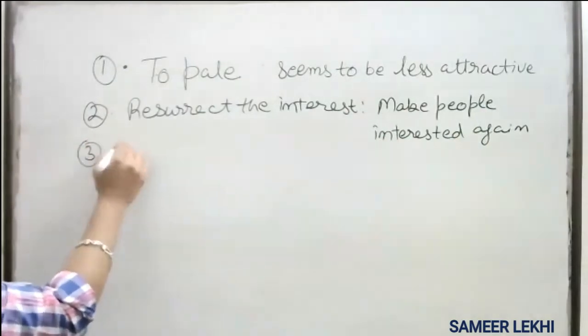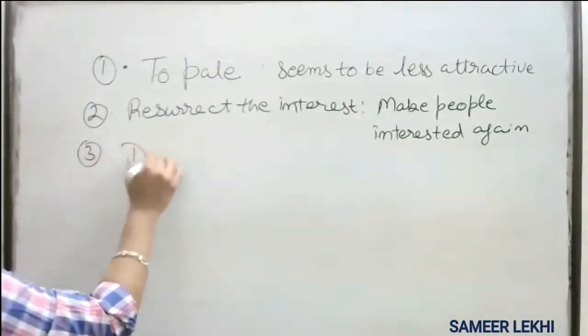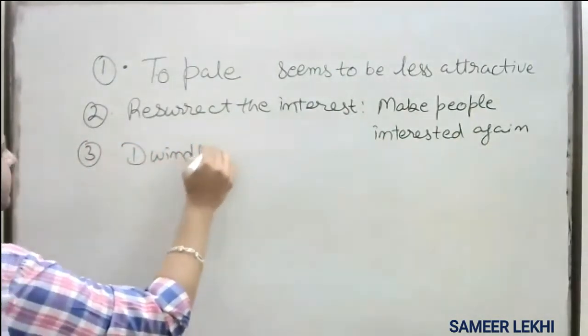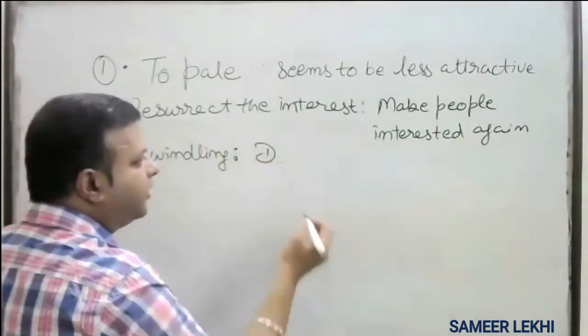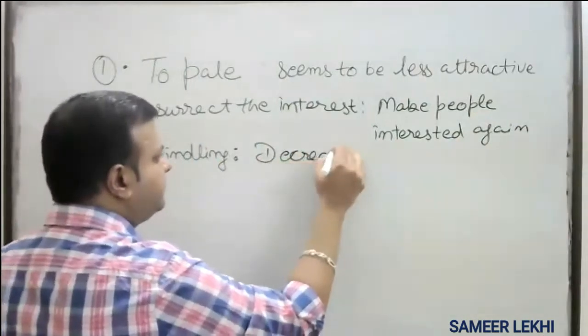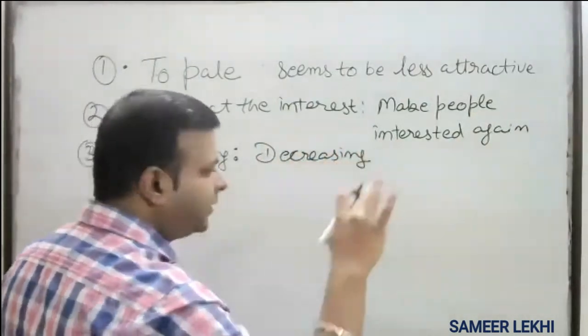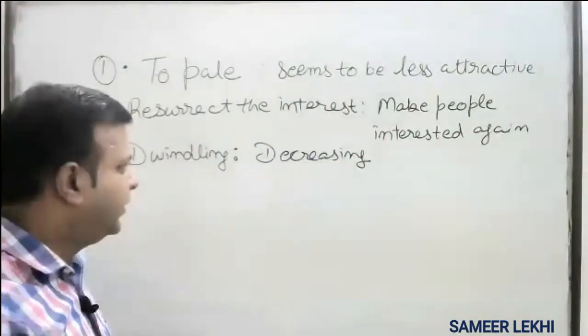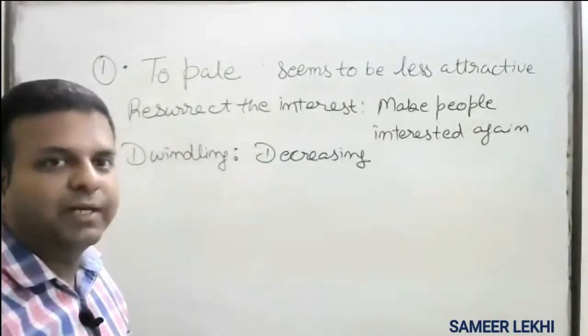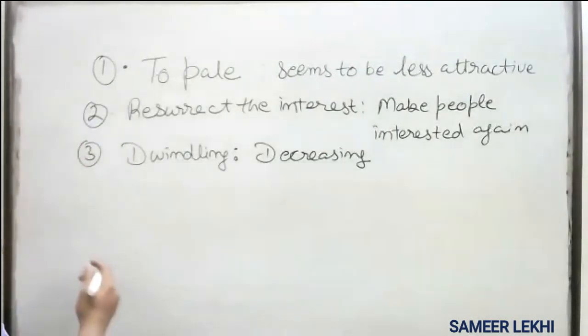Number three, we'll be doing dwindling. Dwindling means declining or decreasing. Right, something that is dropping. So for the gerund we use dwindle. The word is dwindle, but here I'm going to use it as dwindling. Right, so decreasing.